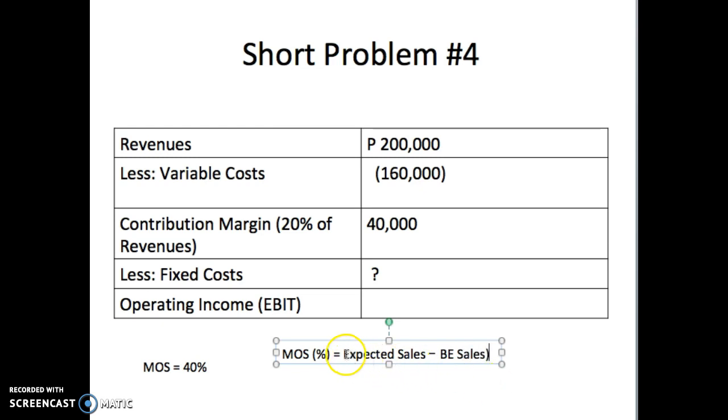Both of these are in pesos. Divided by expected sales, and then multiply your answer by 100 so that you can get the percentage amount. You already have your expected sales, that's 200, but you don't have your break-even sales. But you do know how to find break-even, so I think you got it from here. If not, you can clarify it with me in class.